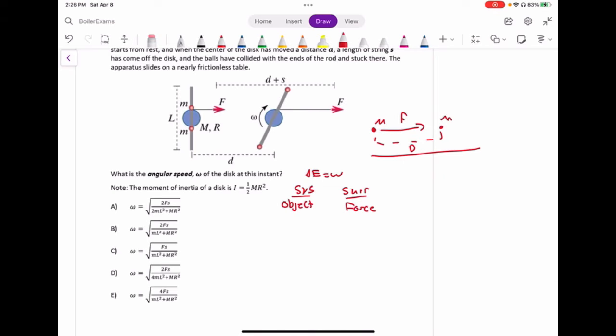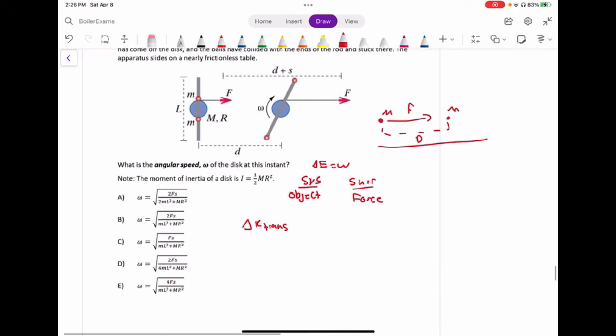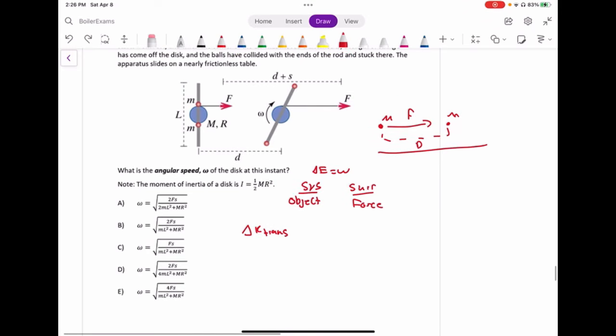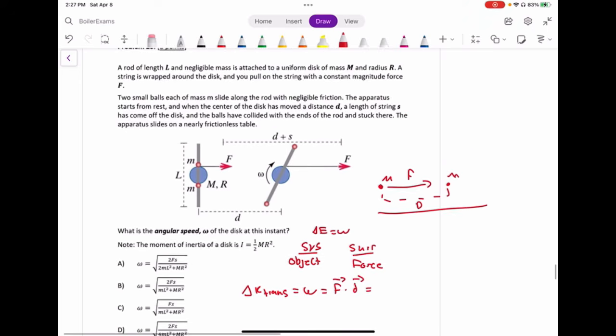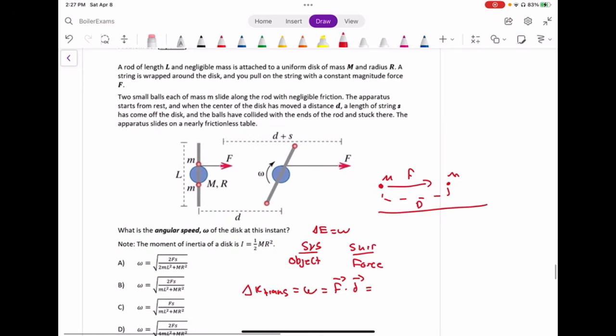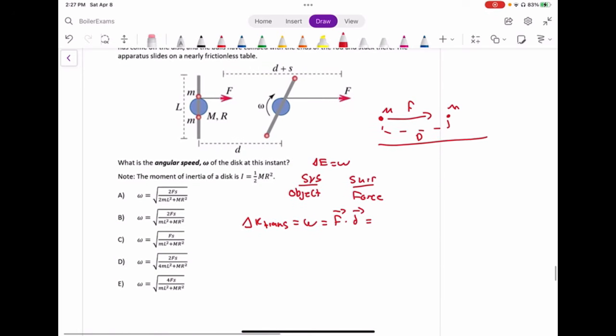So delta k trans, which is all we're going to have in this simplified model, the only energy that's increasing is delta k trans. Delta k trans is then equal to our work, which is equal to the force vector dot displacement vector, which is just, we're not evaluating anything here.